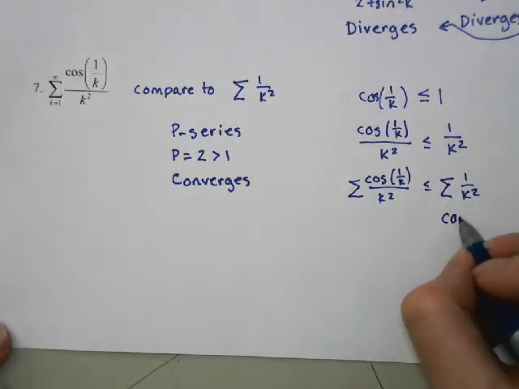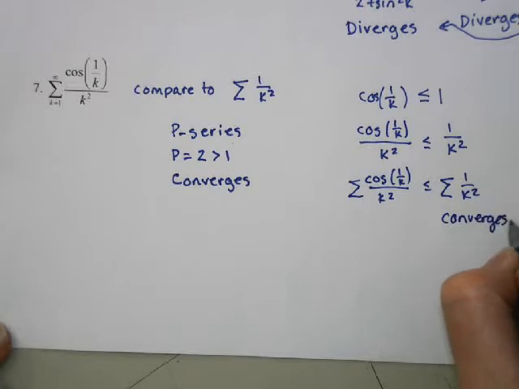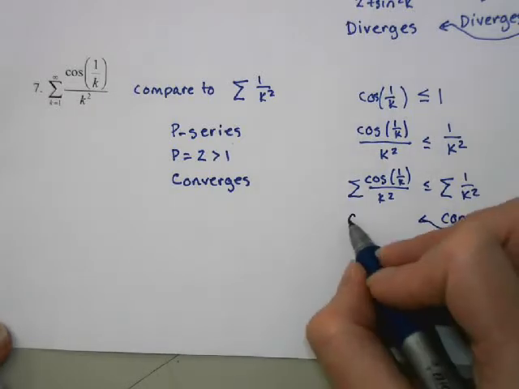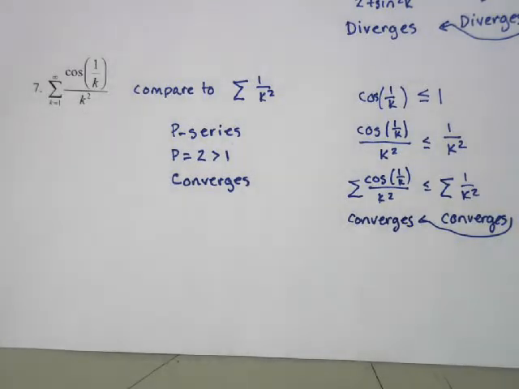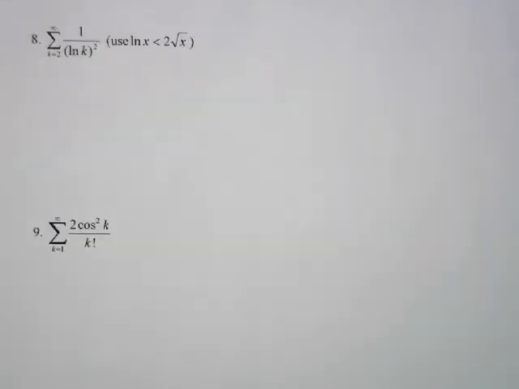So we determined that the bigger series converges, which means the smaller series converges.